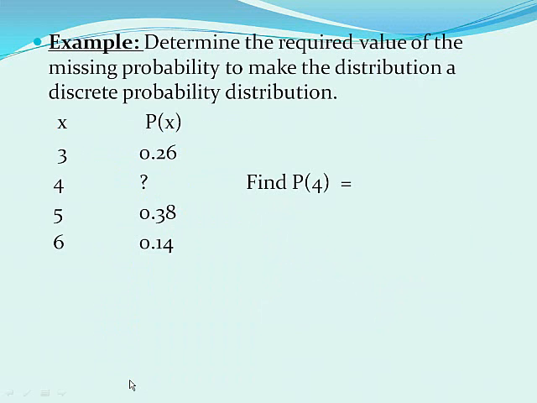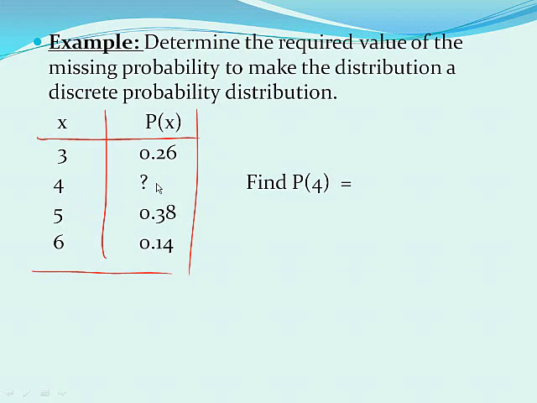Here is another example. Determine the required value of the missing probability to make the distribution a discrete probability distribution. So the probability corresponding to x equal to 4 is unknown. Let's call that A. Property 2 tells us that the sum of the probabilities has to be 1.